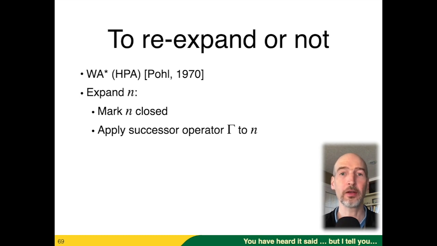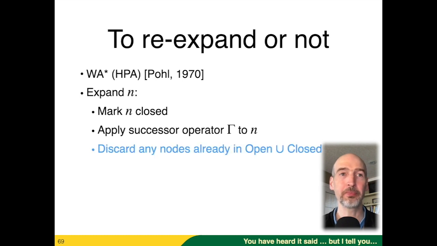Weighted A star, which was originally called HPA in 1970, does the following. When it expands n, it marks n as closed like A star, and it applies the successor operator to n. But actually, in the original algorithm, which didn't say anything about the quality of the solutions, it discarded any nodes which were in open or closed already. So even if we found a shorter path to a node in open, we actually still discarded it.